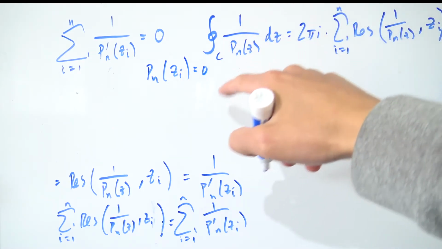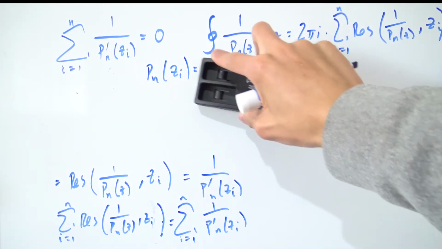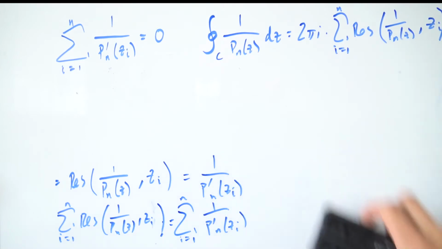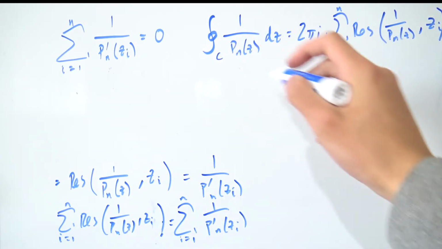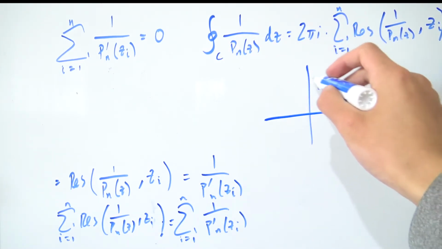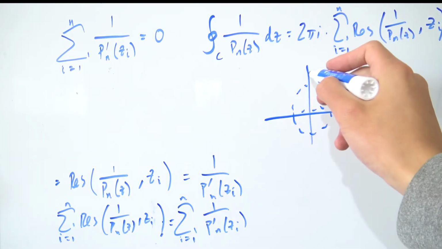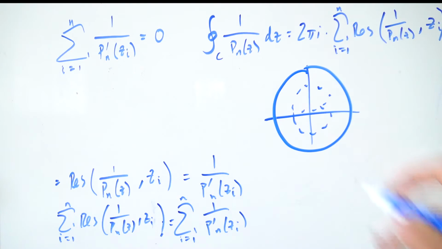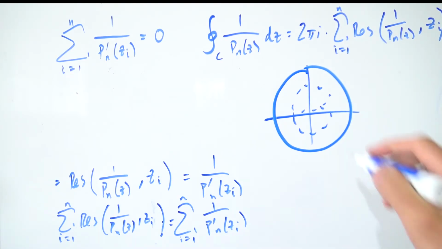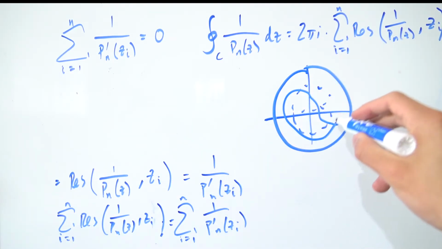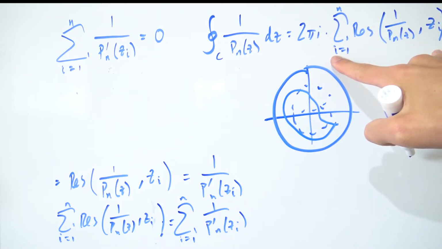So if we have 1 over pn of zi, then it's going to give us a singularity. So our contour, let's say our pn had a couple of poles, has to be able to capture all of those poles right there. If it only manages to capture some of them, then we won't have this expression right here.